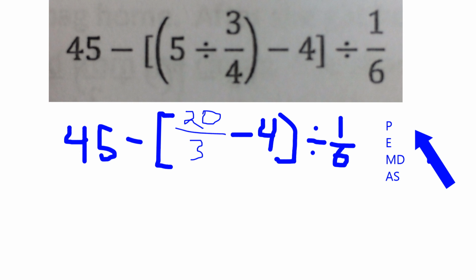In order to do this, unfortunately, I need to get a common denominator, because 4 is actually 4/1, and 20/3 minus 4/1 cannot be subtracted like that, because you need to have the same size pieces, which is why we need a common denominator. So I'm going to zoom out and give myself a little bit more room, and then we're going to work with that 20/3 minus 4/1.